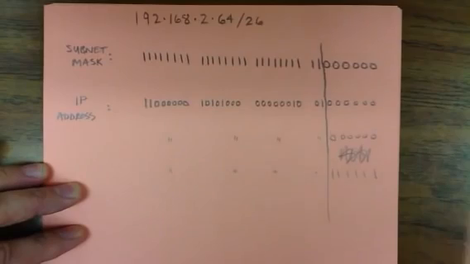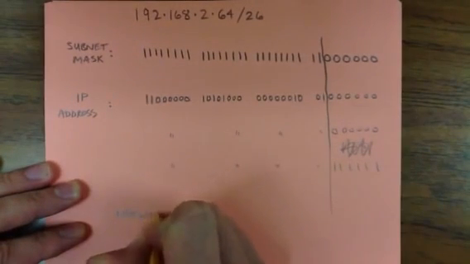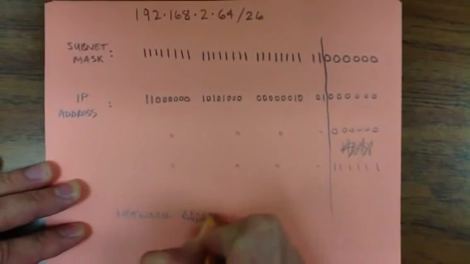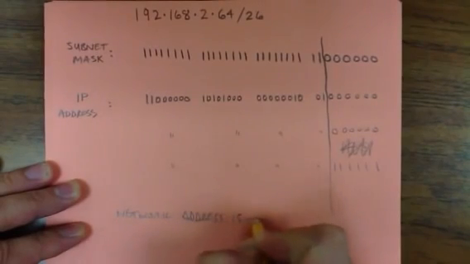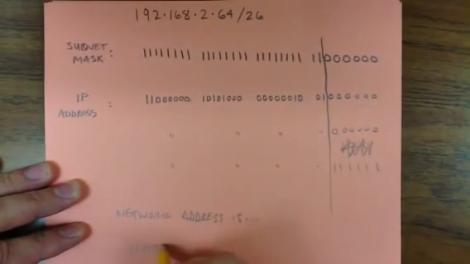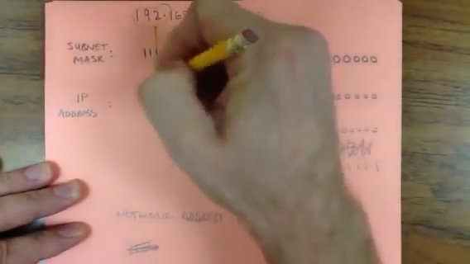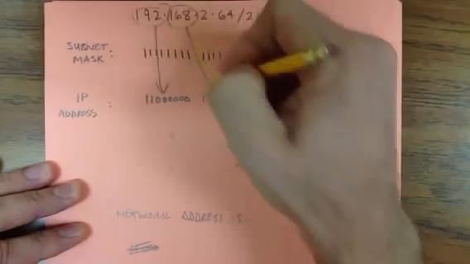Okay? So that's it. So then you can say network address is all of that plus the zeros. So since this can't move, we can actually type this. This is actually 192. This is 168.